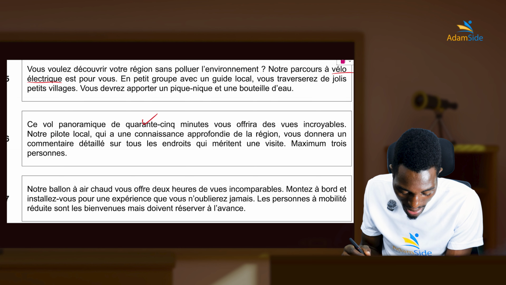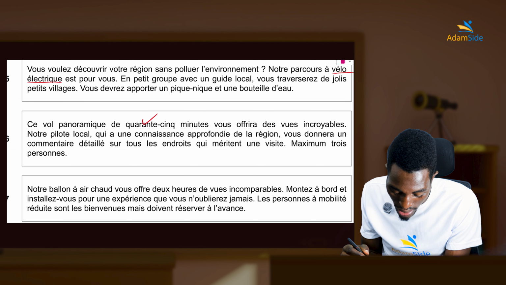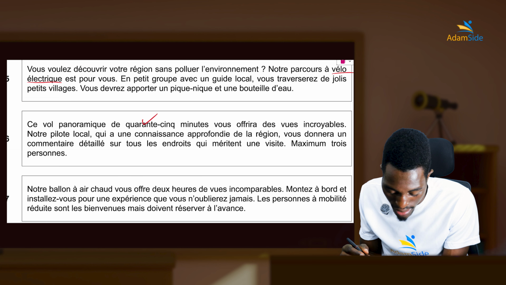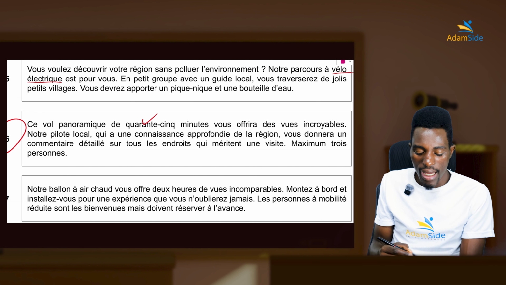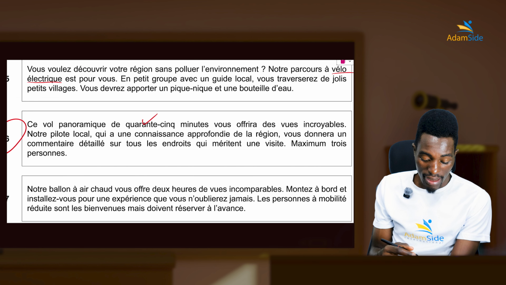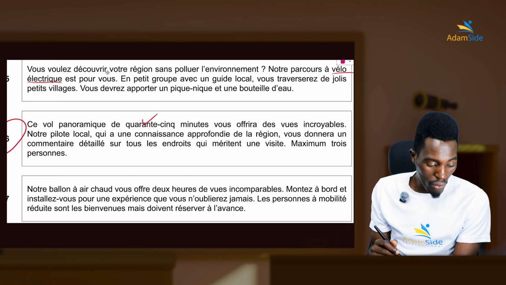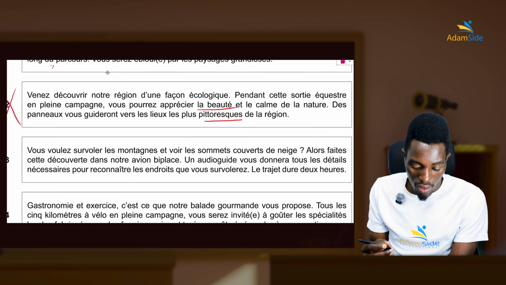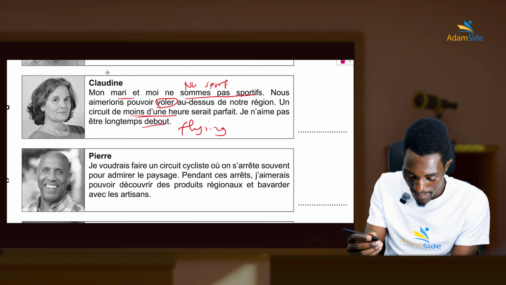Notre pilote local, qui a une connaissance approfondie de la région, vous donnera un commentaire détaillé sur tous les endroits qui méritent une visite. So I think this is the correct answer. Because it is talking about what Claudine wants, I go and write number 6.